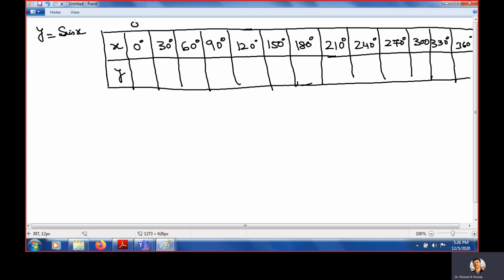Clear? This is 0, this is pi, and 360 is 2 pi. So we are taking values from 0 to 2 pi to draw this table.